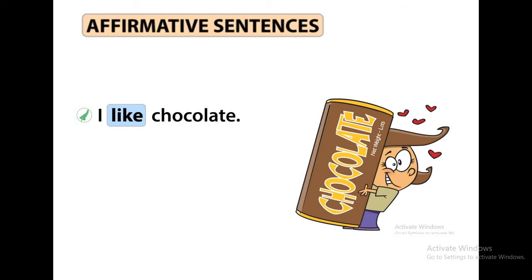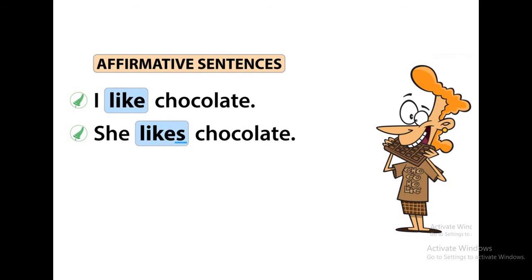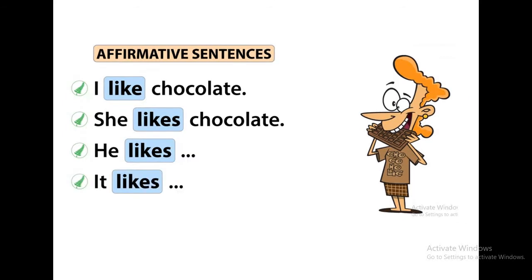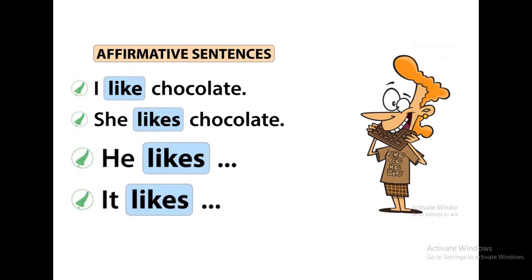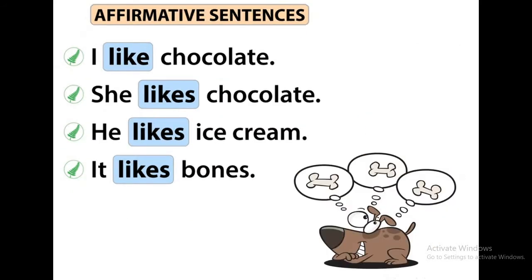I like chocolate. But for she, what do we say? We say she likes chocolate. Likes with an S. For he, she, it, we use likes with an S at the end. She likes chocolate. He likes ice cream. It likes bones. Remember, it is for animals.